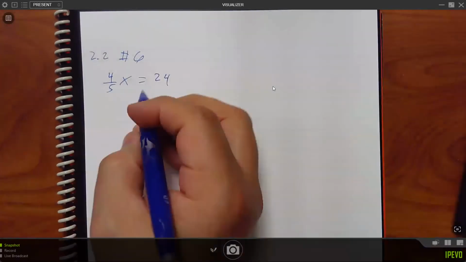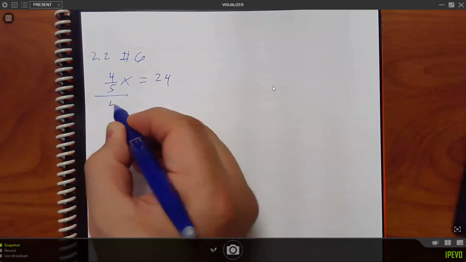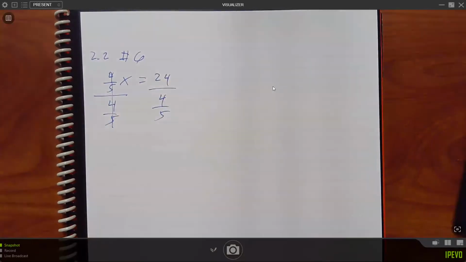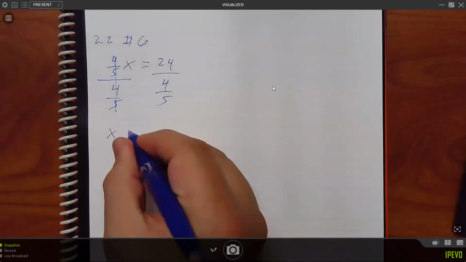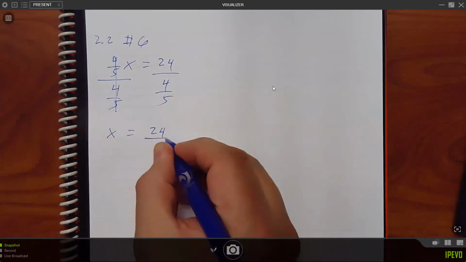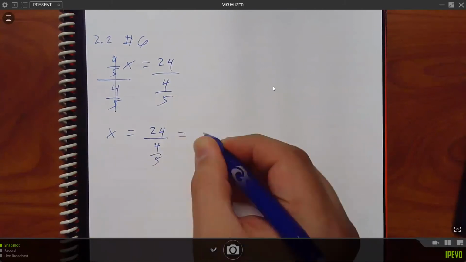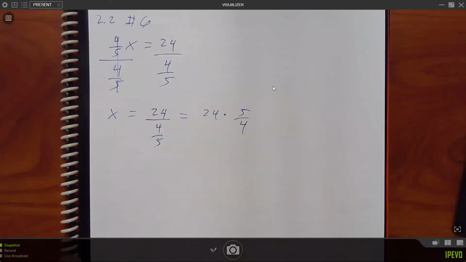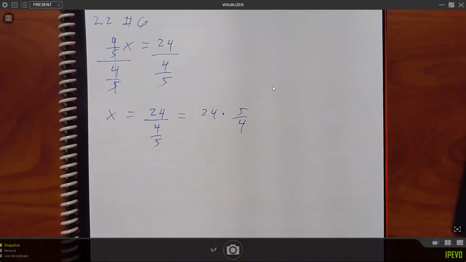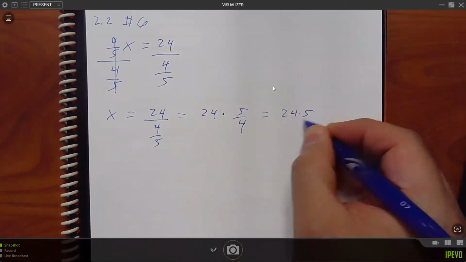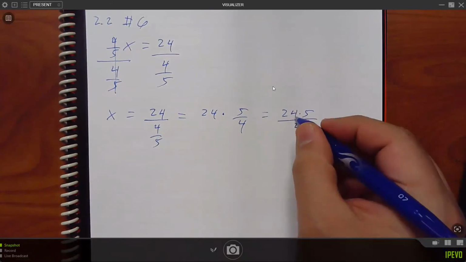I'll show you two different ways. To divide by 4/5 on both sides, cancel this guy, right? So now we just got to deal with this. So it's 24 over 4/5. Well, that's the same as 24 times 5/4. So use your calculator, or just reduce it yourself. 4 goes into 24, right?